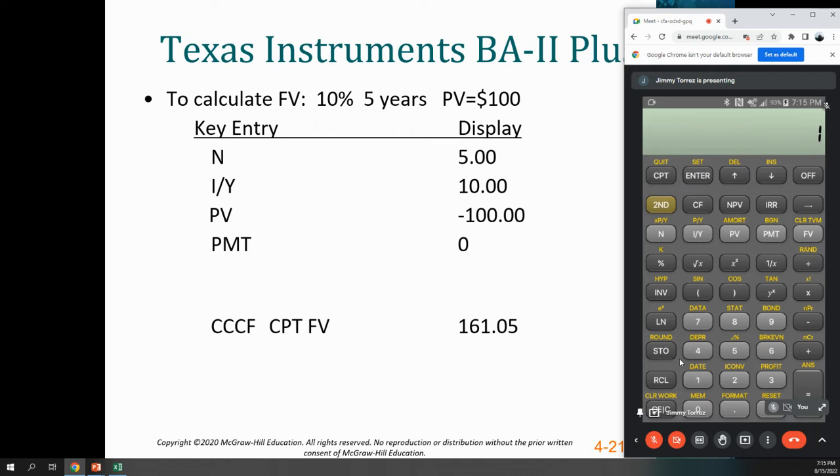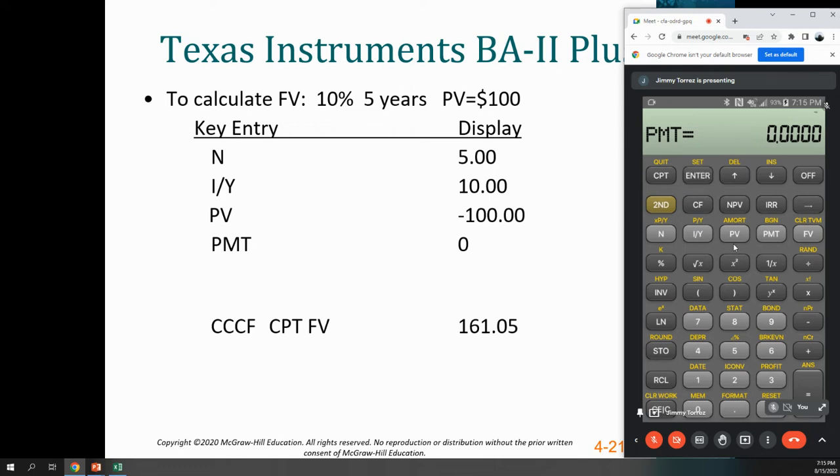Then I'm going to enter the present value, which in this case, this is what I put in to get the future value, so it's going to be negative. So 100, present value, and then I hit enter. PMT is 0. We'll go ahead and do that just because we can, even though that is the default.